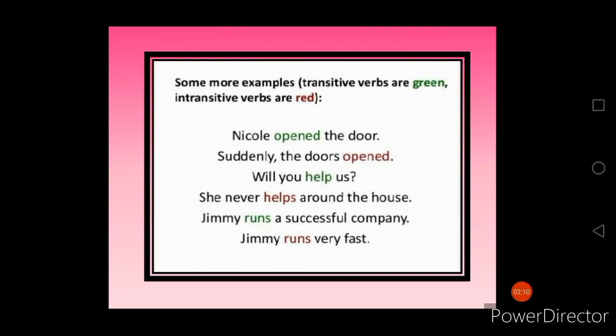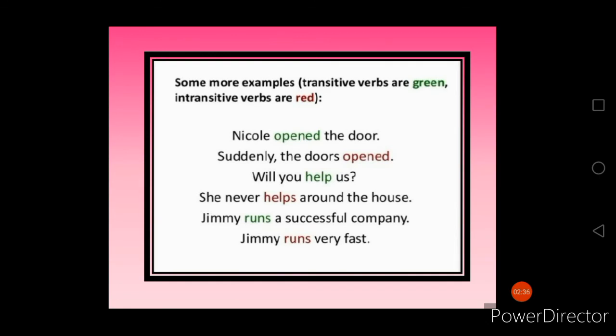Okay, see the next example. Jimmy runs a successful company. In this sentence what is the verb? Runs. After this verb an object is present. Very good, students. So runs is a transitive verb. See the next example. Jimmy runs very fast. Here after the verb what is present?